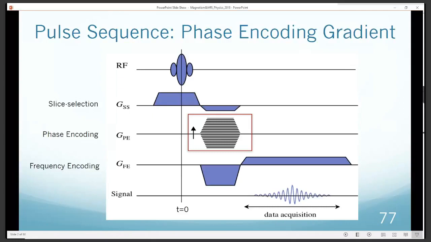So if you're going to acquire, say, an image that's 256 by 256 matrix pixels, then you're going to acquire 256 frequency encoding data points on each excitation, but you have to acquire 256 separate excitations in order to get all your different 256 phase encodings going.